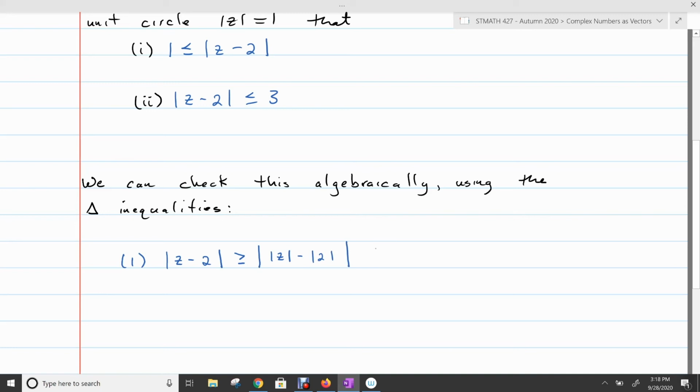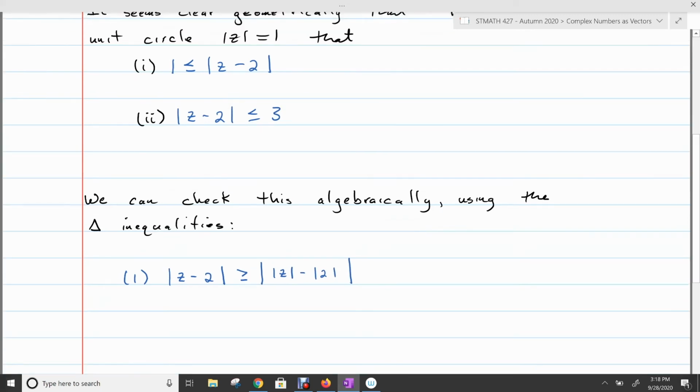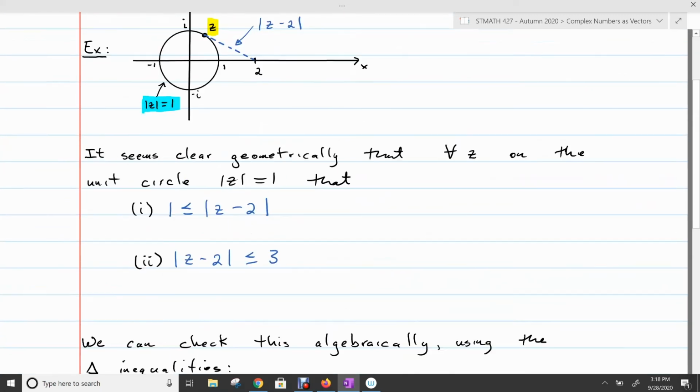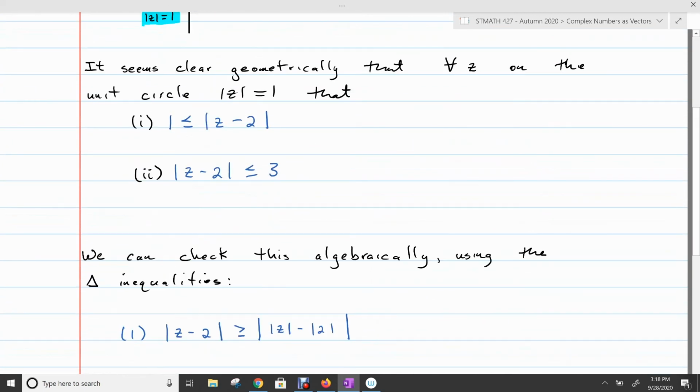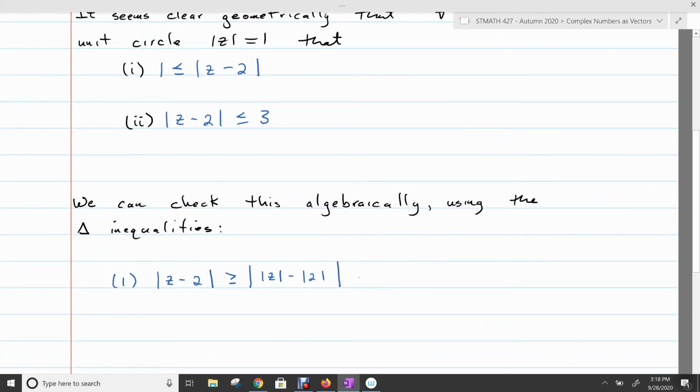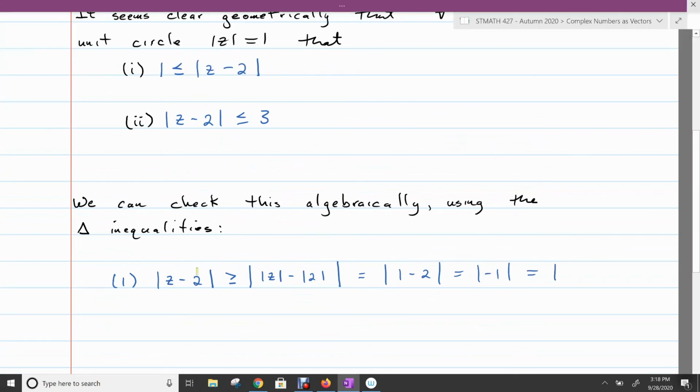But what is the modulus of z if it's on that circle? Well, if it's on the circle, modulus of z is equal to 1. So we can replace modulus of z by 1. So this becomes the absolute value of 1 minus 2. In other words, the absolute value of negative 1 equals 1. So this establishes that first observation that we saw up there, that |z minus 2| has to be greater than or equal to 1.